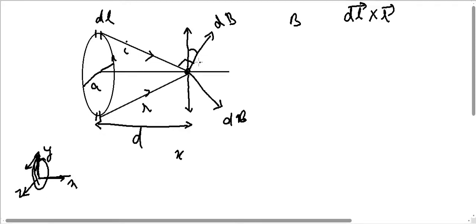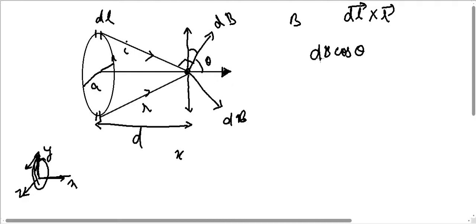The only component which will remain is the component along this direction, which is the x direction. And if I take this as theta, the dB cos theta will be the actual contributing factor which will not get cancelled out.